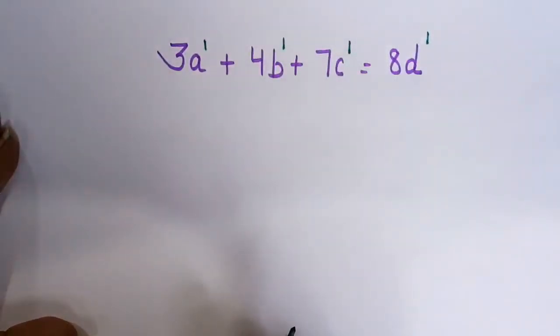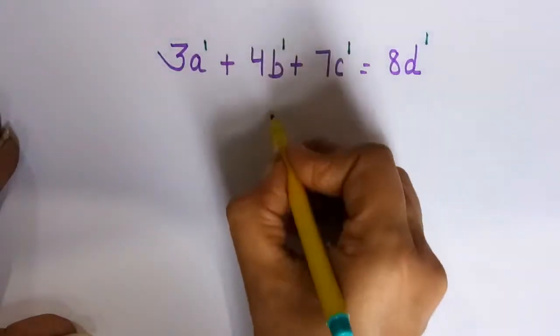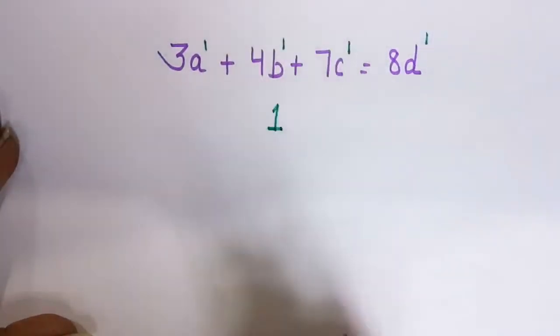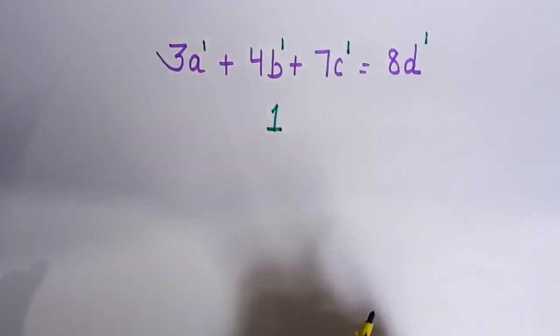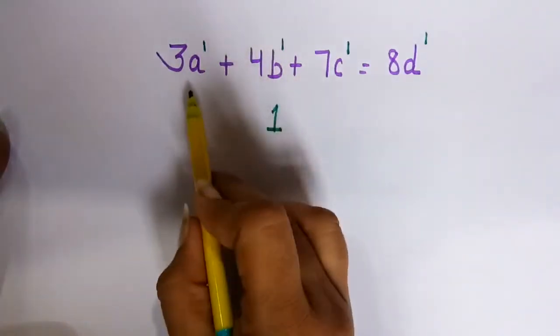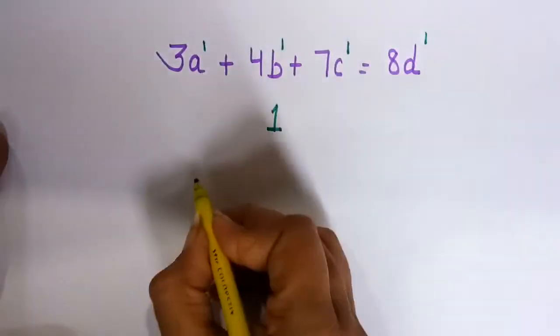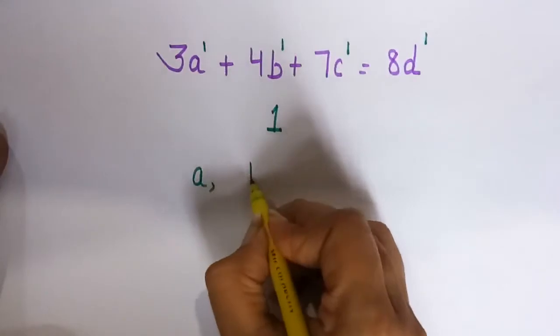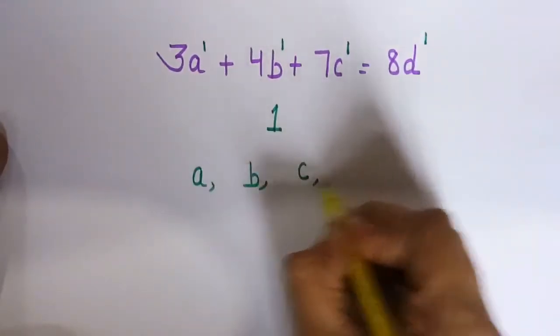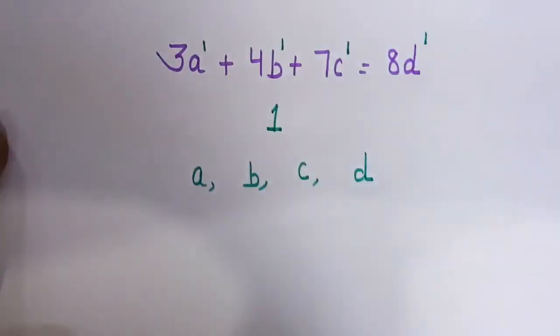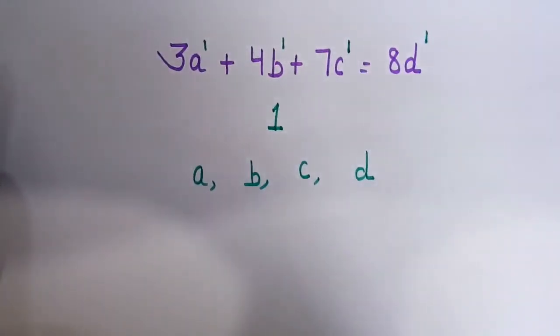Hence the highest degree of the equation is 1. So this equation is 1 degree equation, as well as it is linear equation. But we are using 4 variables here, a, b, c and d. So it is linear equation, but it is not in one variable. It is linear equation in 4 variables.